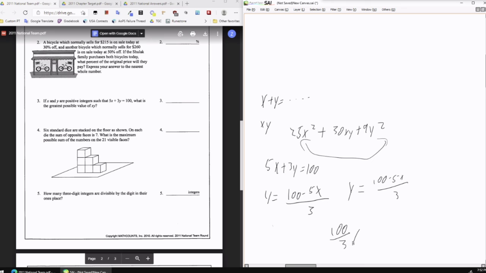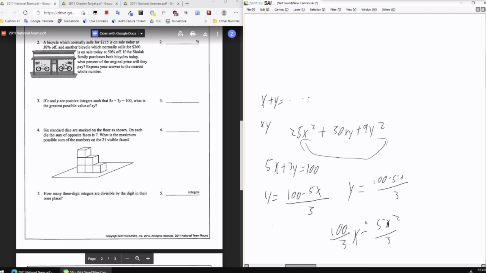100 thirds x minus 5x squared over 3. Then you're trying to maximize this, and this is just a quadratic in x, right? When you're maximizing a quadratic function, in this case you have a negative a, so there is a maximum.